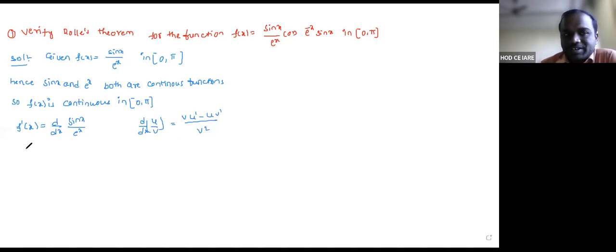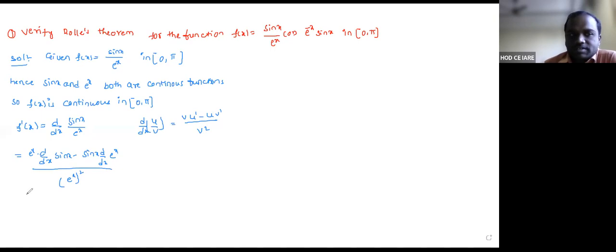So we can use the quotient rule here. That is equal to e power of x into d by dx of sin x minus sin x into d by dx of e power of x, all divided by e power of x whole square.